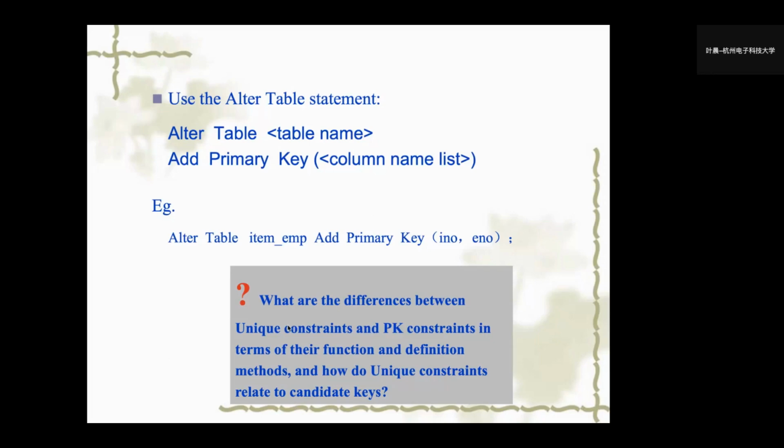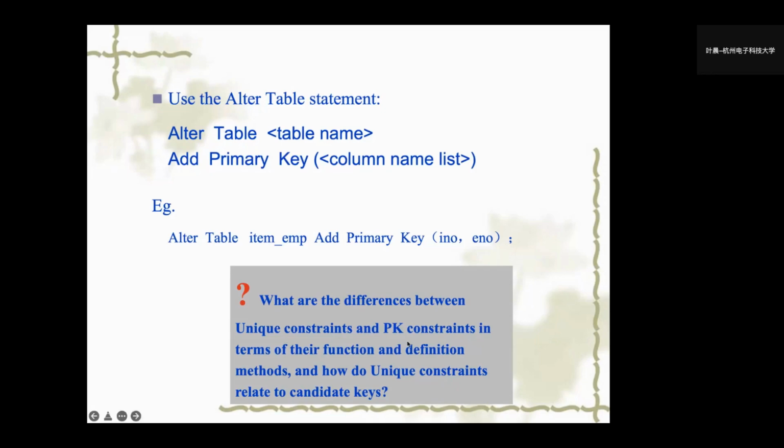First, we need to know that each table has several candidate keys, and each attribute belonging to any candidate key should not have duplicated tuples.